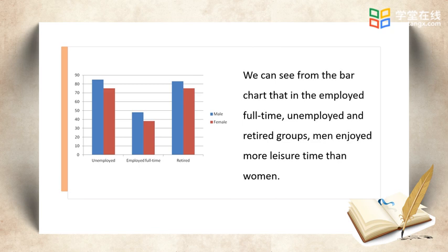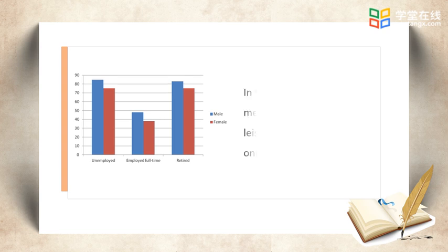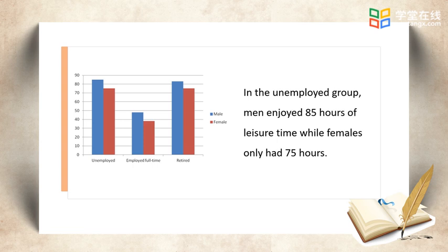We can see from the bar chart that in the employed, full-time, unemployed, and retired groups, men enjoyed more leisure time than women. In the employed group, men enjoyed 85 hours of leisure time, while females only had 75 hours.